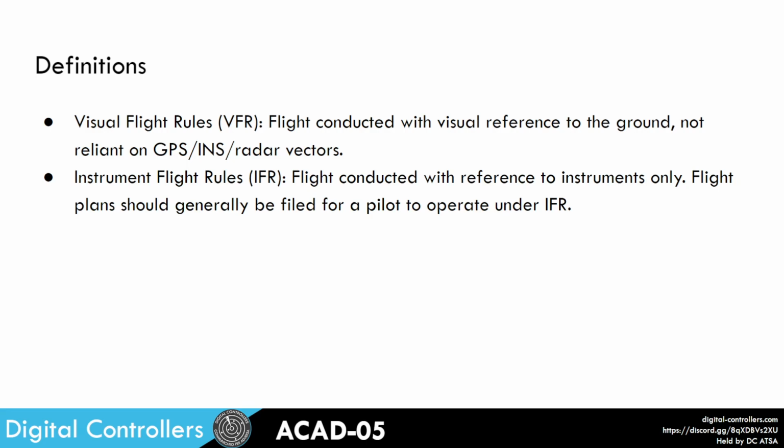Then we also have the instrument flight rules, or IFR, which is flight conducted only with reference to instruments. And typically, it's a lot easier for us if flight plans are filed when a pilot operates under IFR, but that is not necessary in DCS.